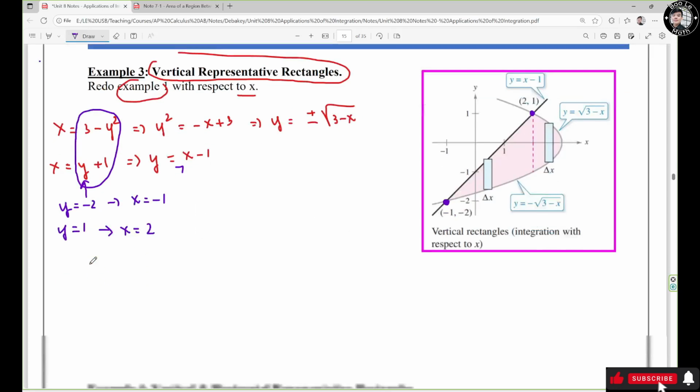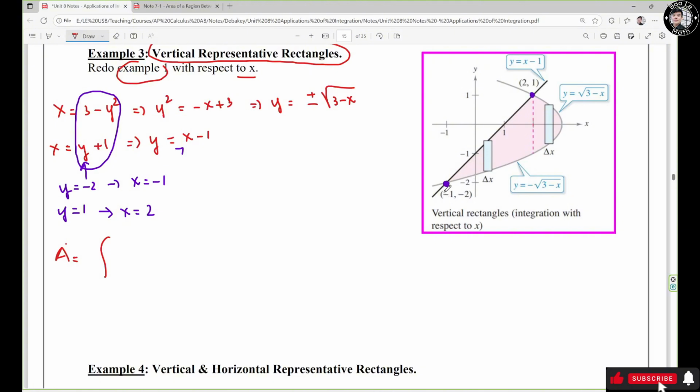Now, the area is now from left to right. It's going to be from -1 to 2. You see that the linear function right here is above this guy right here. This guy right here is y equals negative square root of 3 minus s.